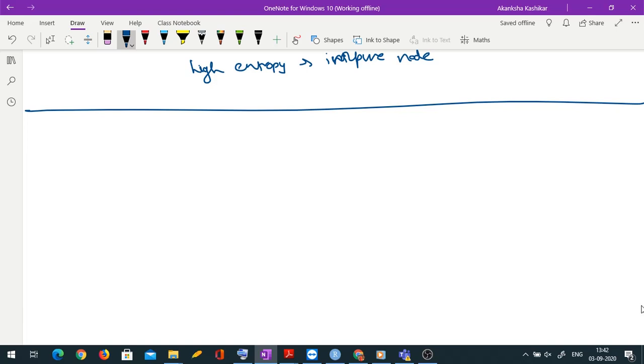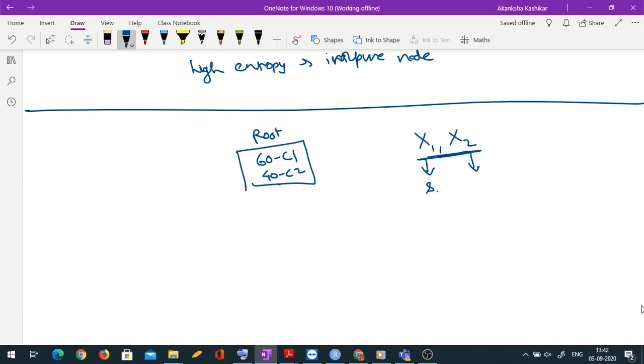So for example, let us say this is my root node. It has 100 observations, 60 from class 1, 40 from class 2. Suppose I have two variables x1, x2, and I have to choose on the basis of which of these variables I need to have the next split. Suppose we have already chosen the individual bests, that is for x1 we know threshold S1 gives the best result, and for x2 threshold S2 gives the best result.